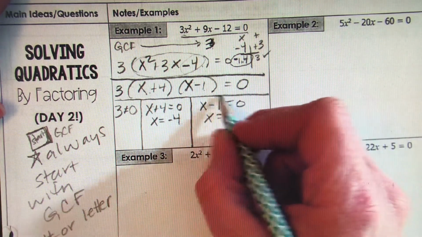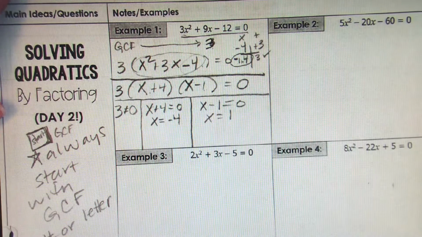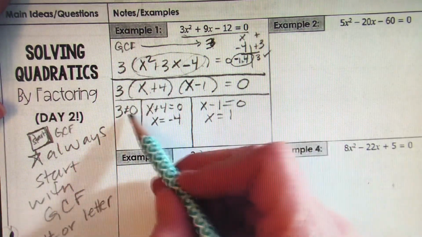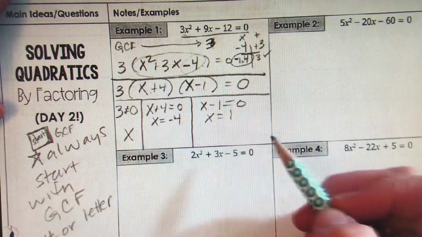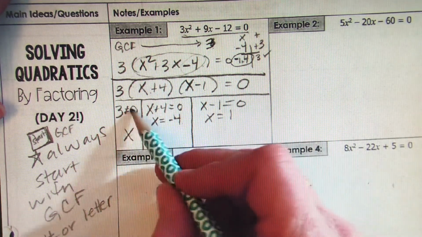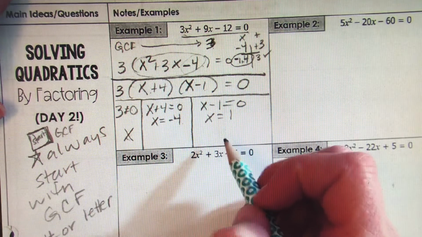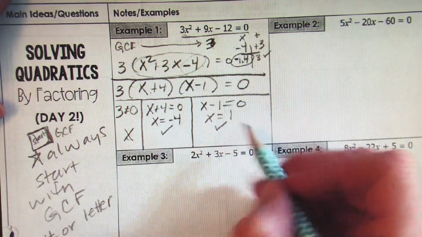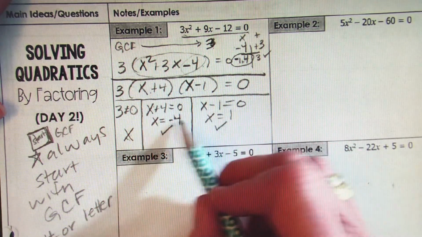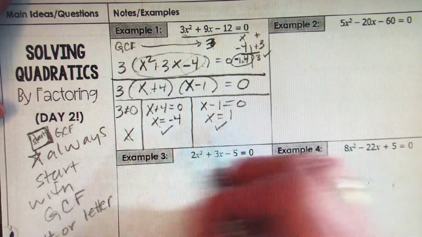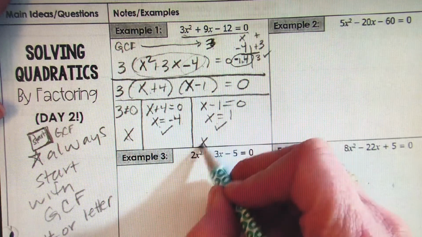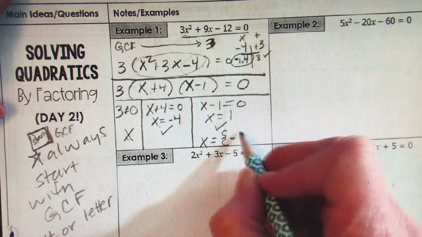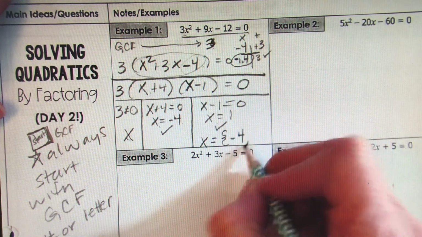So I'm solving these after I set them to 0. Well, what does this all mean? Well, first of all, 3 equal to 0, that's not true. So that's not a factor that has anything to do with this. But we solved this and this is true, we solved that. So basically what this means is that I have two roots or two solutions, and how I would write that is this: x equals the set of -4 and 1.